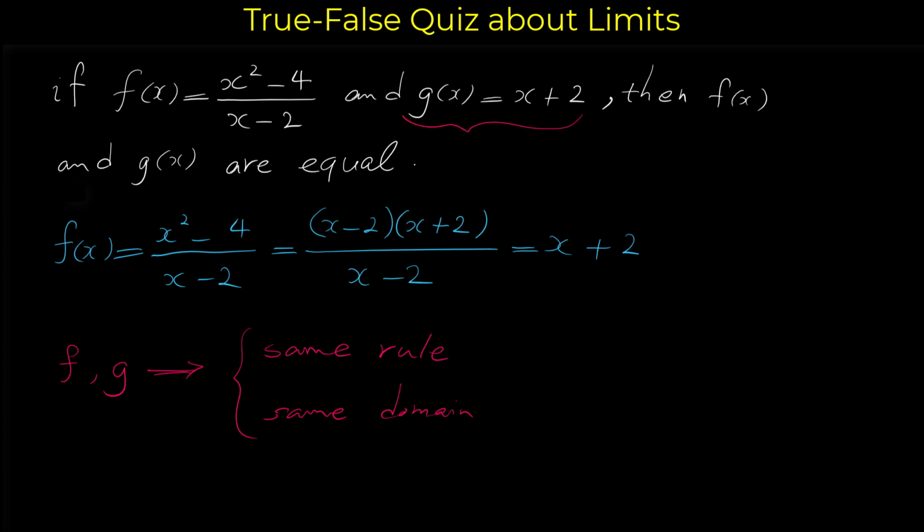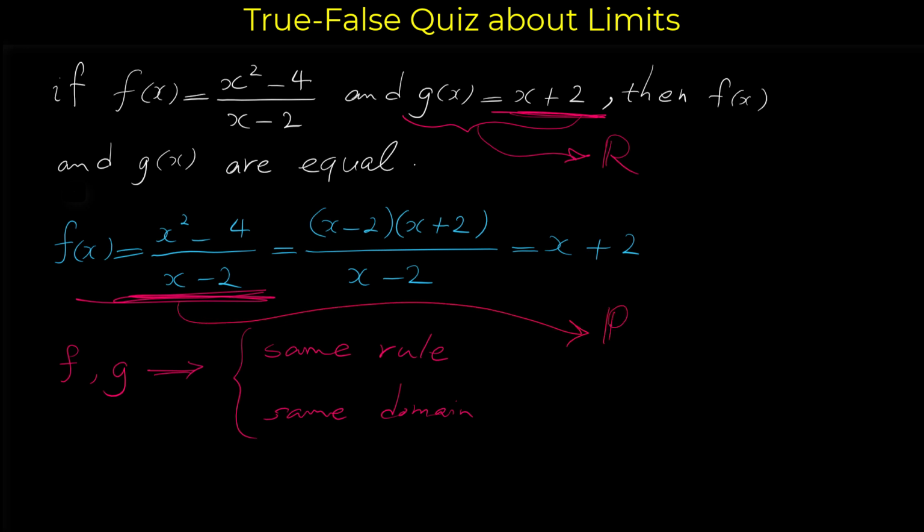The domain of the function g is all real numbers, because g is a simple line, a polynomial, and so the domain is all real numbers. But for the function f, before simplification, the domain is all real numbers except the point 2, because 2 makes the denominator 0, and any number that makes the denominator 0 is not in the domain.